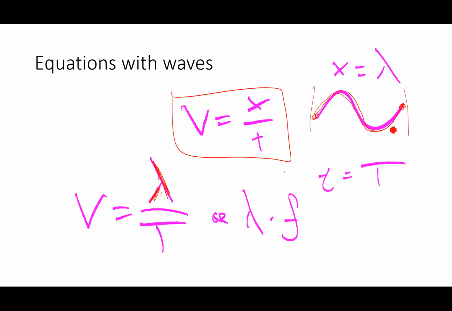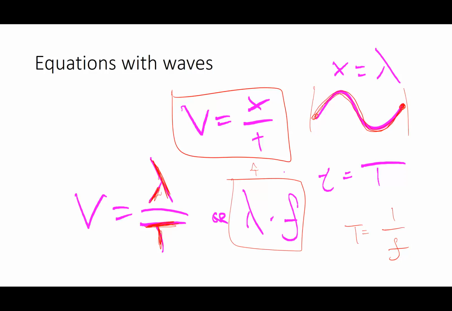So it's the time it takes to go one full wavelength. So we have two perfect qualifying variables that say lambda is a specific distance for one wavelength, and the period is the specific time to do one full wavelength. And we also know that T is equal to 1 over f, so therefore we can also write velocity is equal to wavelength times frequency. So that's how we derived this equation from velocity equals distance divided by time.